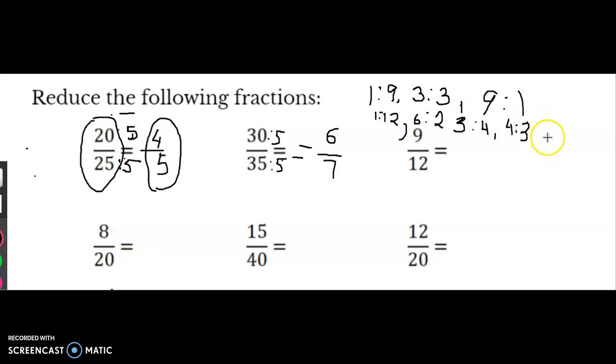Cannot divide it by 5. We can divide it by 6, which gives 2. 12 divided by 7, we cannot. By 8, no. By 9, no. By 10, no. By 11, no, just by 12. 12 divided by 12 is 1.